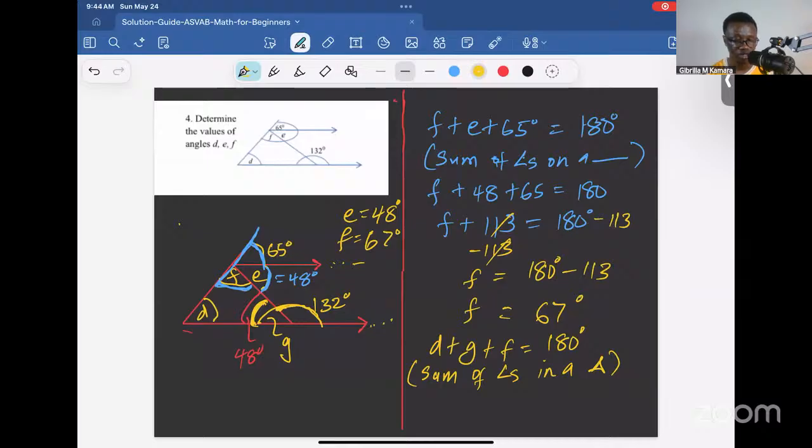So the sum of angles in a triangle add up to 180 degrees. Right? Okay. So the D is what we need. E is 48, F is 67, equals 180 degrees.